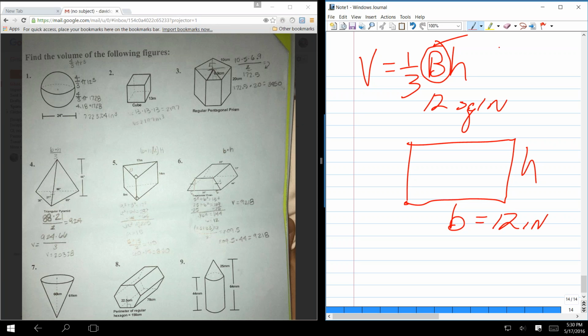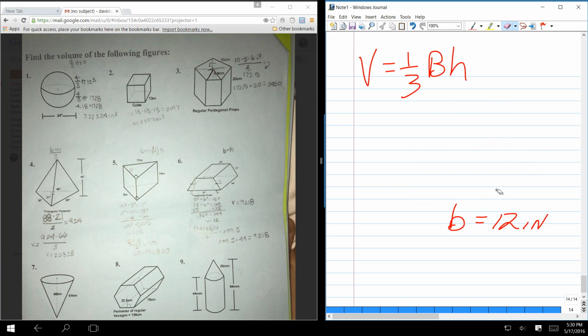That's the difference. The volume of all prisms is capital B times H, and the only thing that separates this number 7 from a prism is the fact that it goes to a point instead of another circle.